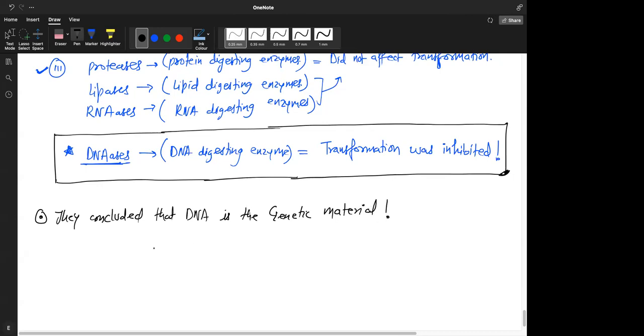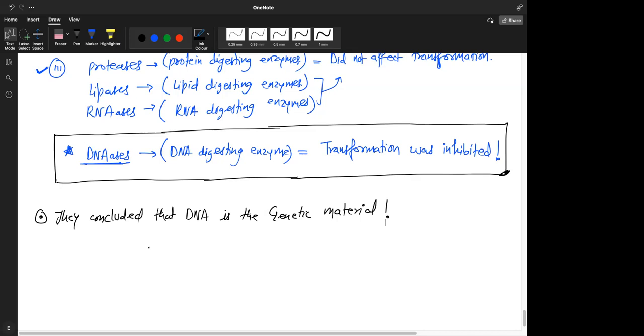Okay. But their conclusion was not accepted by all the biologists. All biologists were not convinced with the way these experiments were done, the way these purifications were done. They were always skeptical of contaminations and things not working properly because nothing was visual.